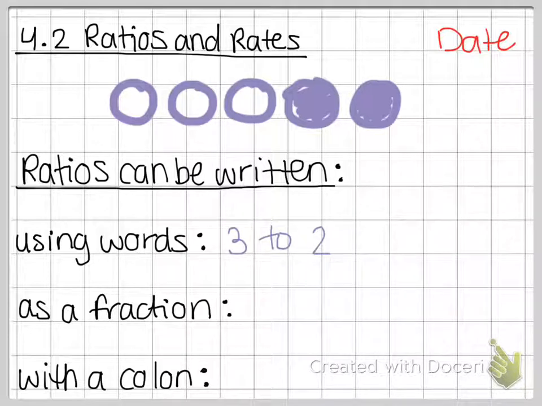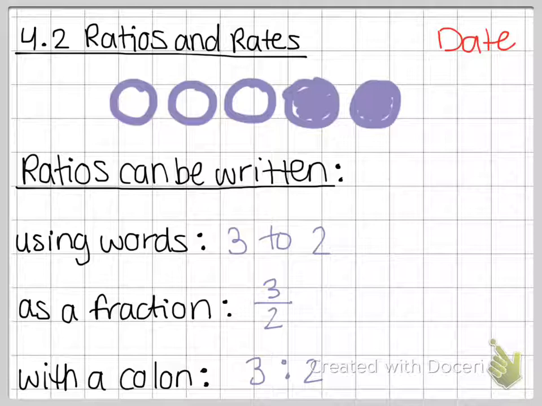I can also rewrite that as a fraction, 3 over 2, and using a colon, which you saw in the last lesson, 3 to 2. So you can write any ratio those 3 different ways.